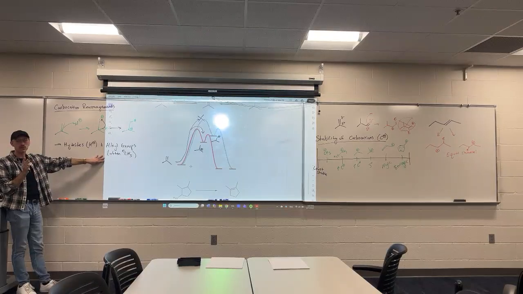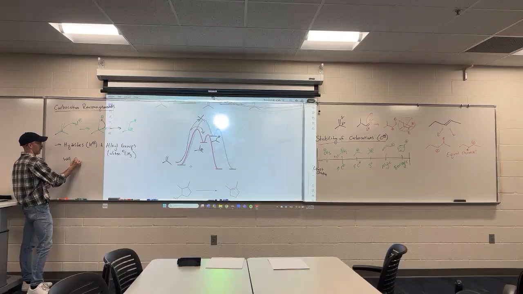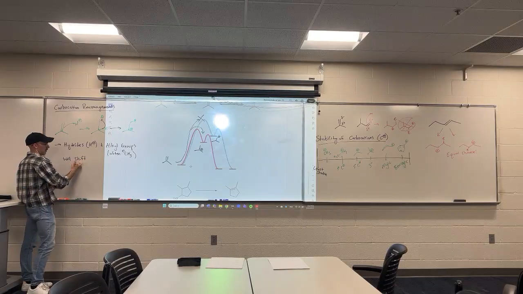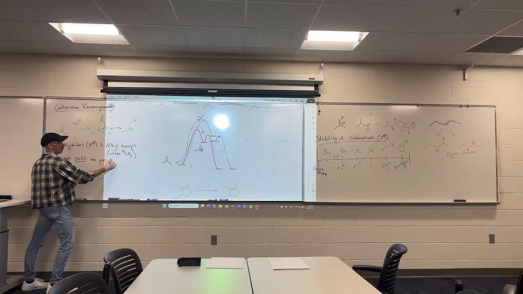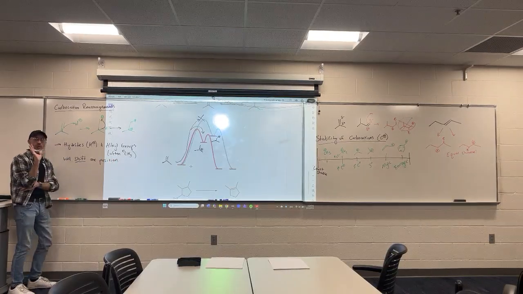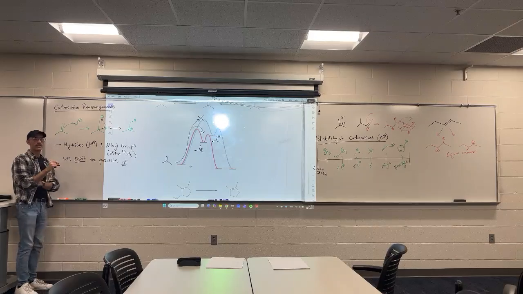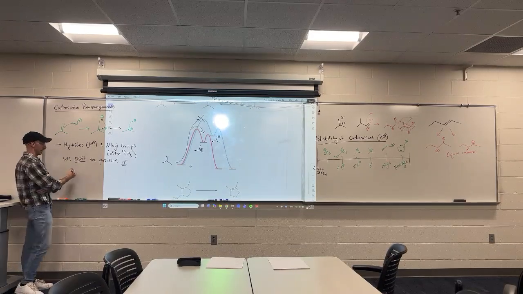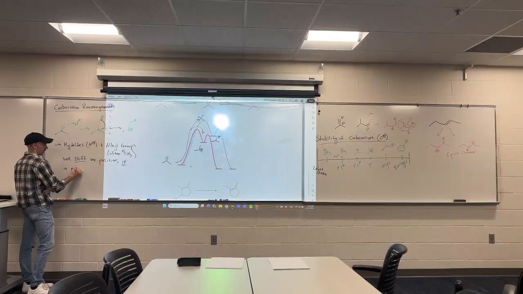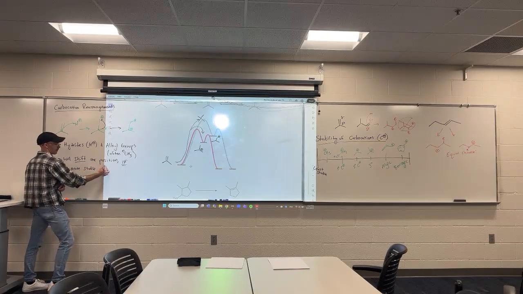We're going to look at methyl shifts. They will shift one position, only one position, if and only if a more stable carbocation forms.